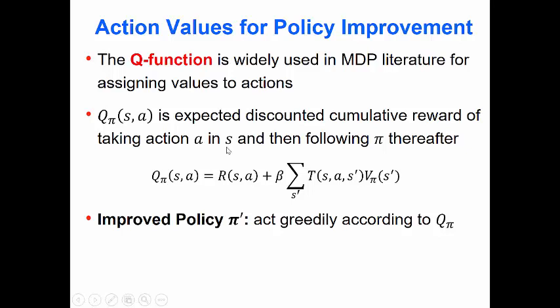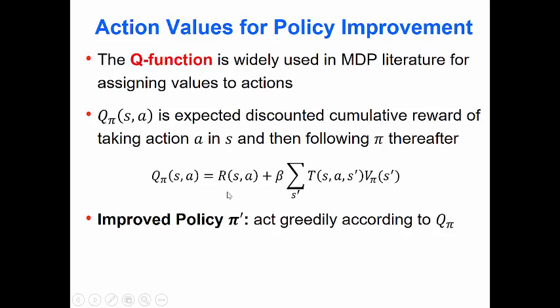And this is the equation, right? It's very much like the value function equation for a policy, except here we say what action is in play. So the reward function has this action, and then we transition according to that action, but then after that we get v pi as our payoff.